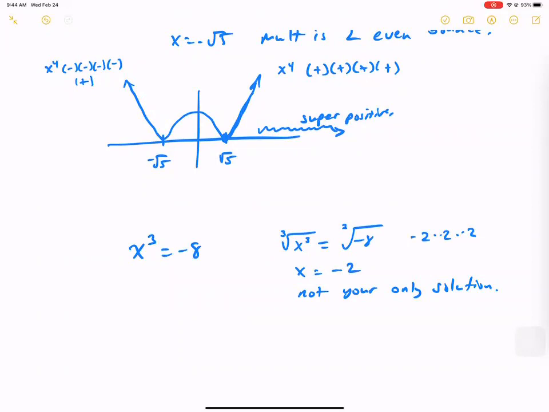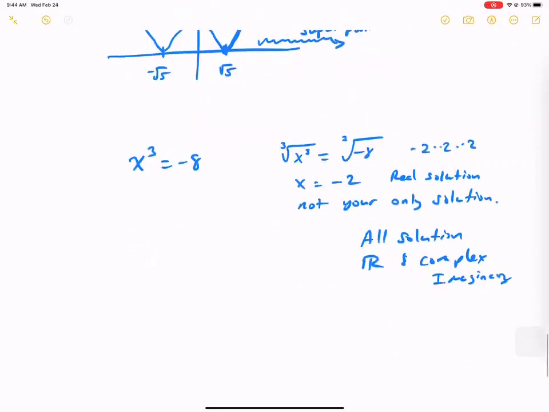And if the question says state all real solutions, yeah, this is my only real solution. But if they state the words all solutions, they want real and complex, which is what we're talking about, imaginary. Okay, so just to do this problem again, we would rewrite it as x cubed plus 8 equals 0.